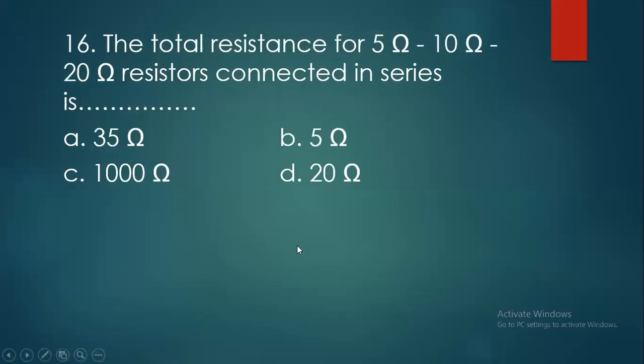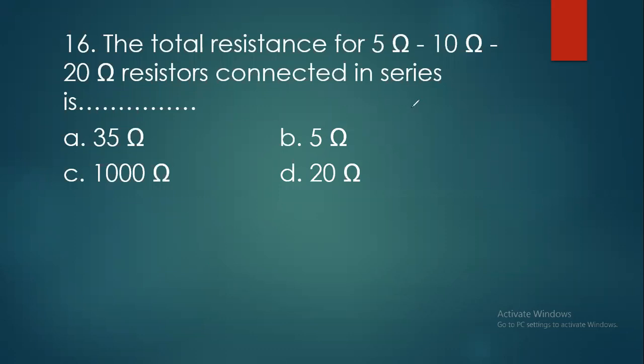Okay, now for the last question: the total resistance of 5 ohm, 10 ohm, and 20 ohm resistors connected in series is? Also a quick review about the connections. In circuits, we have two types of connections: series connection and parallel connection.